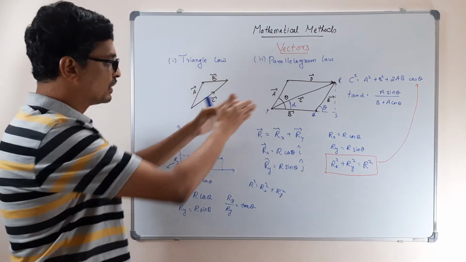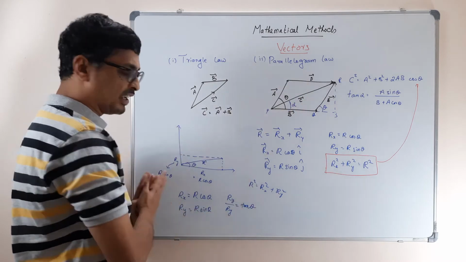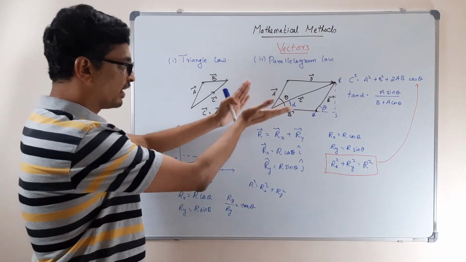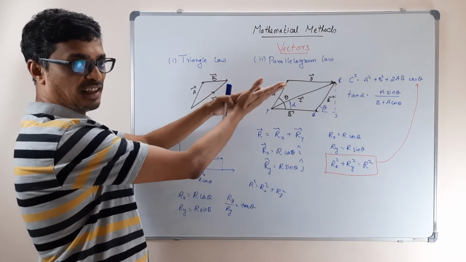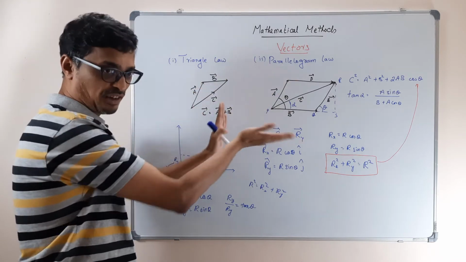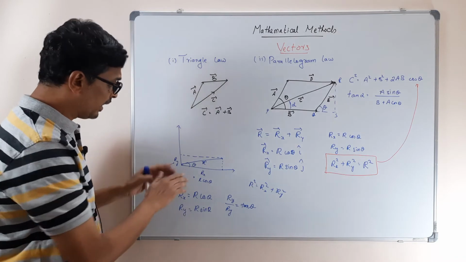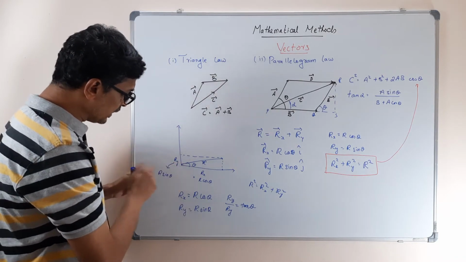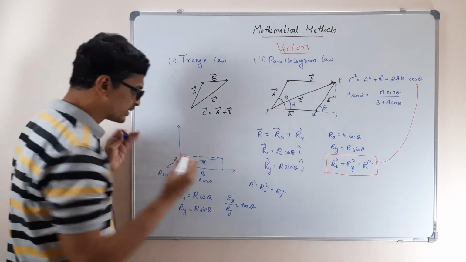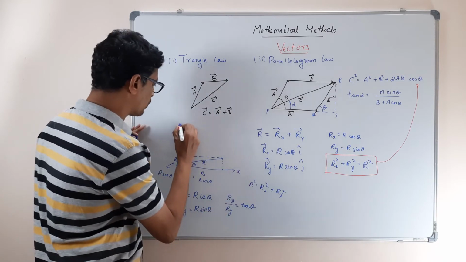So by this parallelogram law, we can get the resultant vector as well as resolve a vector. So this is how we resolve the vector. And the important thing is, this is what I drew. This is x and this is y.